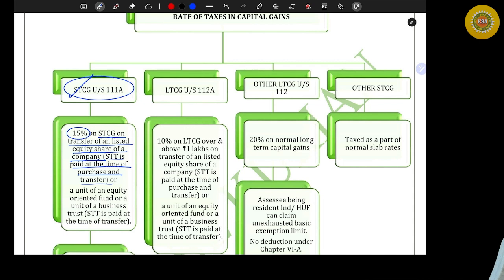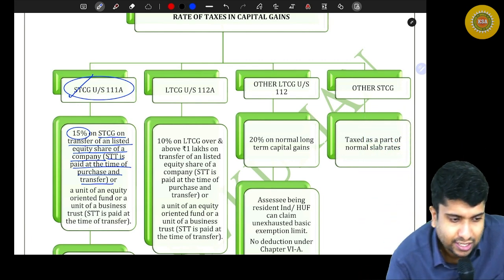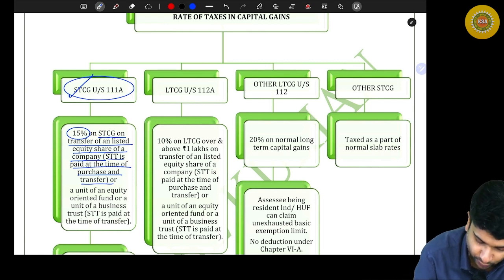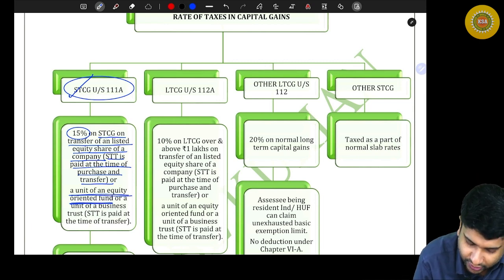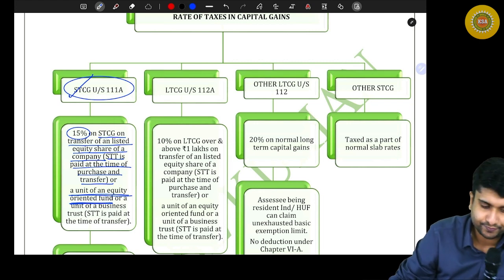If you have a short-term capital gain on transfer of a listed equity share, a listed unit of an equity-oriented fund, or a listed unit of a business trust, you have 3 assets. What is this unit of an equity-oriented fund?